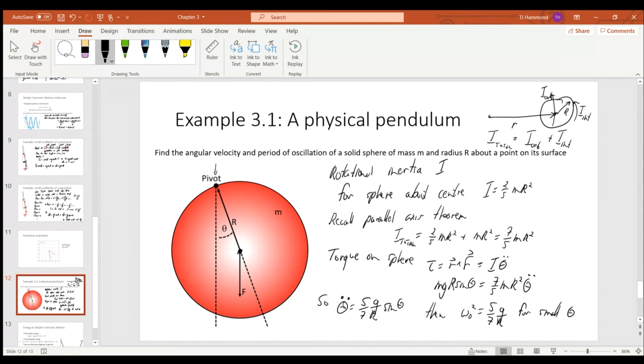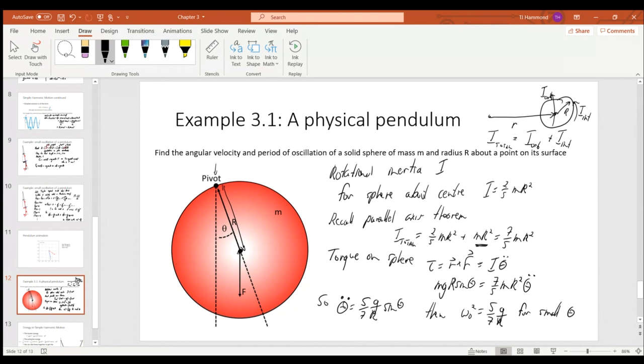For the orbital part, all the mass is concentrated at the center at distance r, which gives mr squared. Because this is a sphere, the intrinsic moment of inertia is 2/5 mr squared, if you recall that. So the total moment of inertia of this sphere pivoting about a point on its surface is 7/5 mr squared.